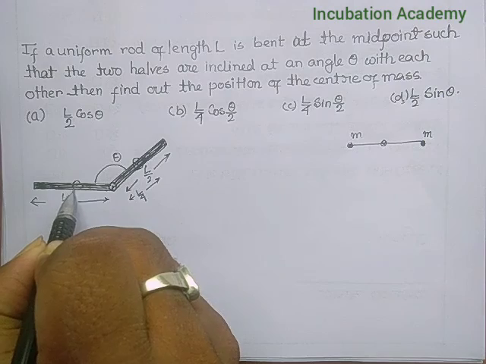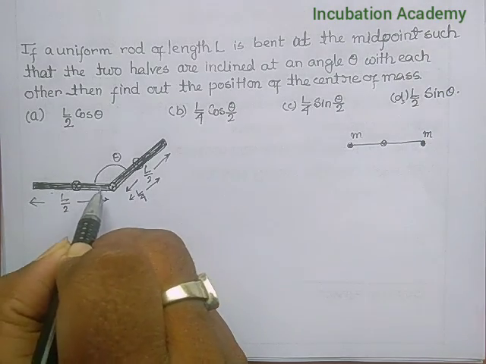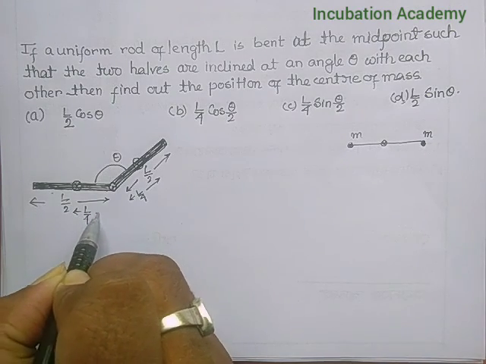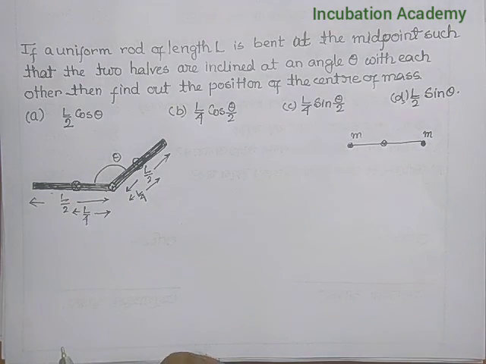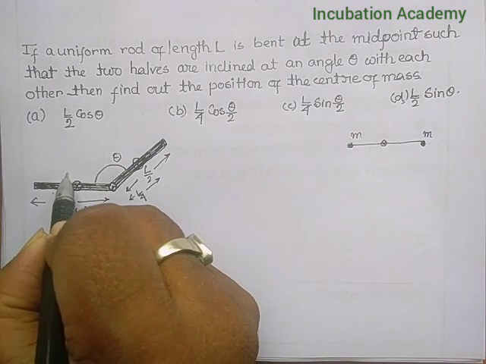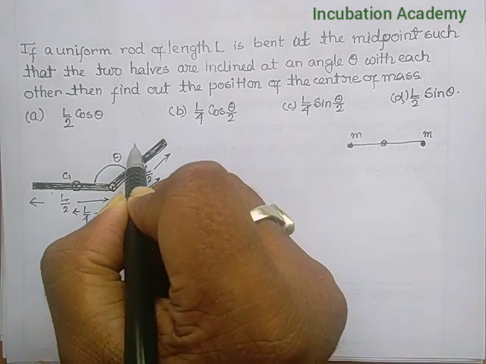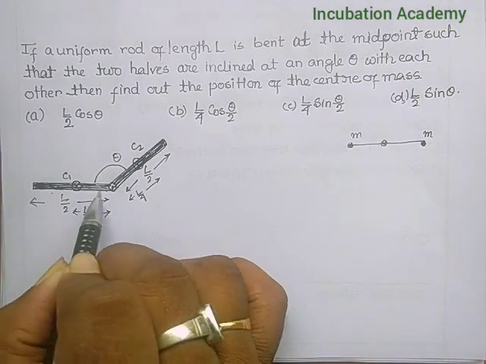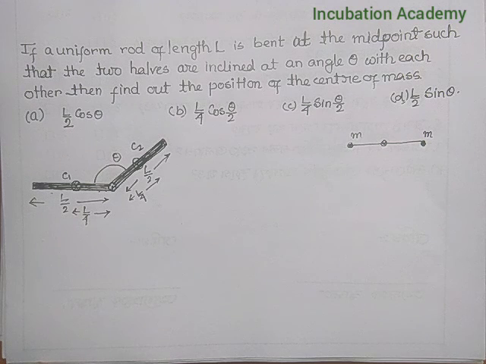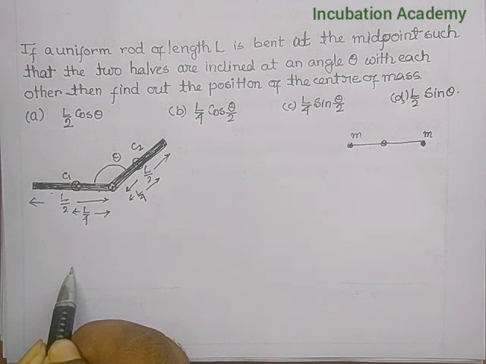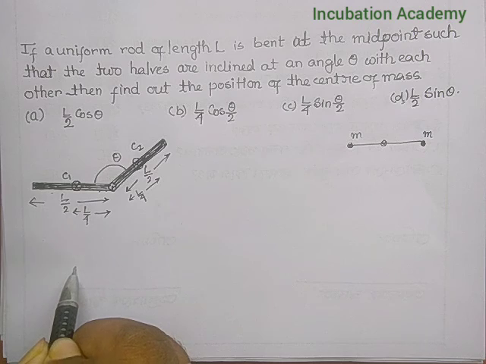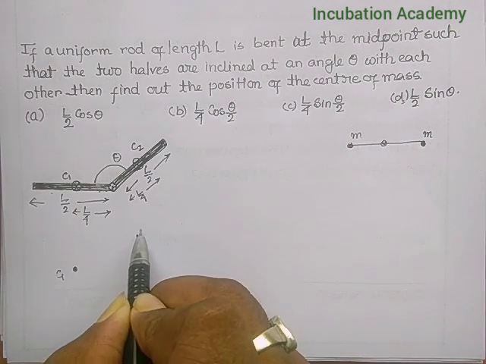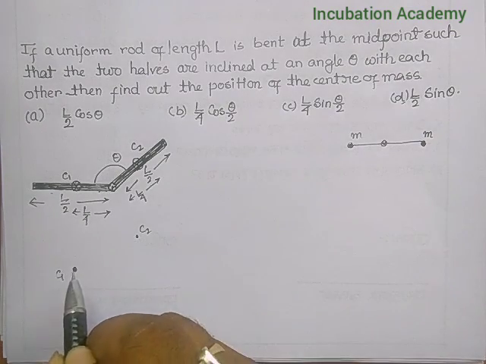Similarly, here also we can say for this part the center of mass will be at a distance L by 4 from this bend. So this is the position of the center of mass, say C1, and this is the position of the center of mass, say C2, of this part C2, of this part C1. Now I can represent these two as particles, C1 and this one as C2.